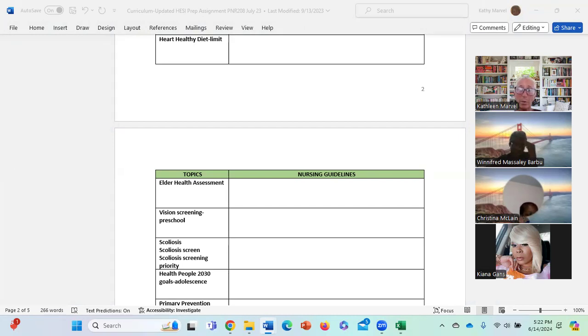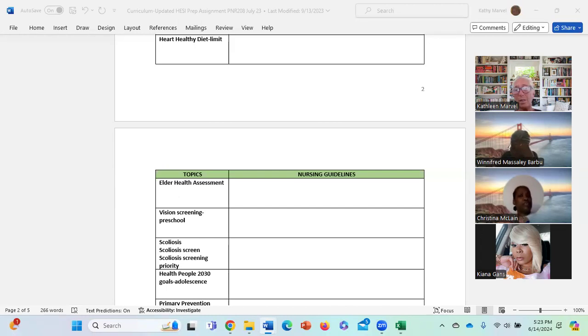Remember, we're doing this in the community, so it might be in their home. What are we going to be evaluating for a health assessment? Mobility, safety, any environmental risks, their lifestyle, any comorbidities, previous health history.